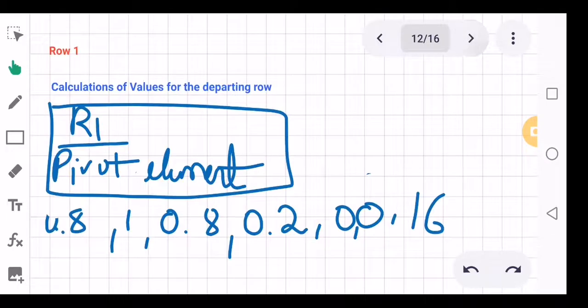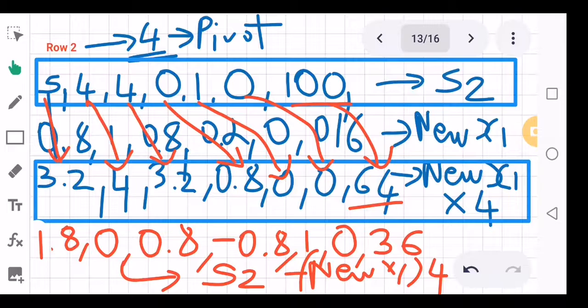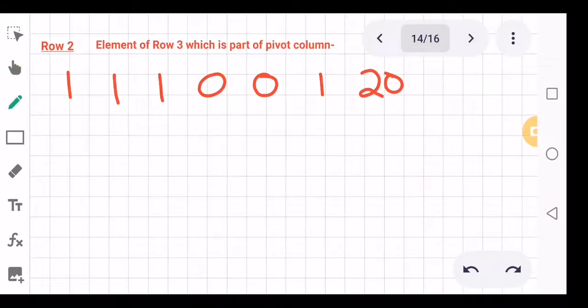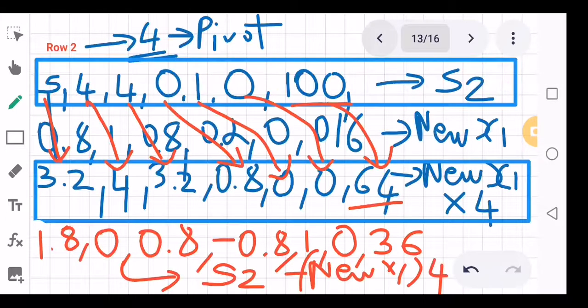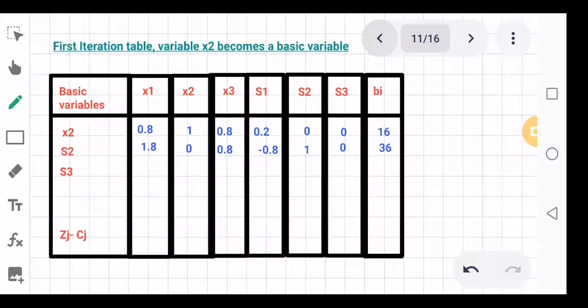So again, like how we did over here, same thing we'll be writing it down. So these are values of your S3, right? So next we need to write down these values: 0.8, 1, 0.8, 0.2, 0, 0, 16.